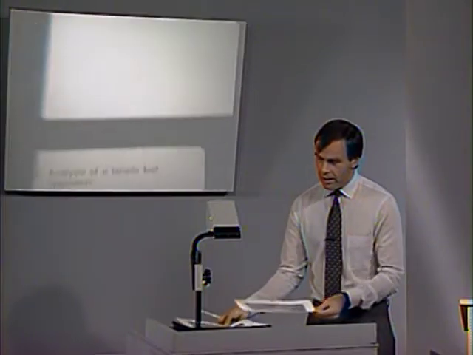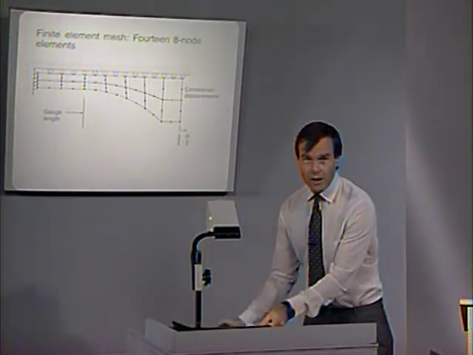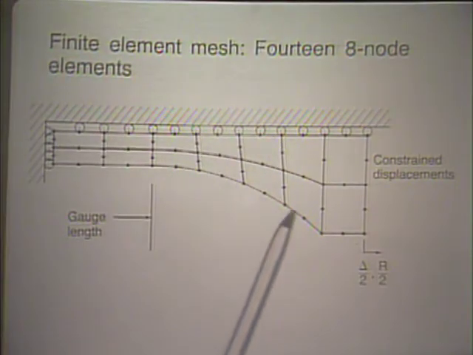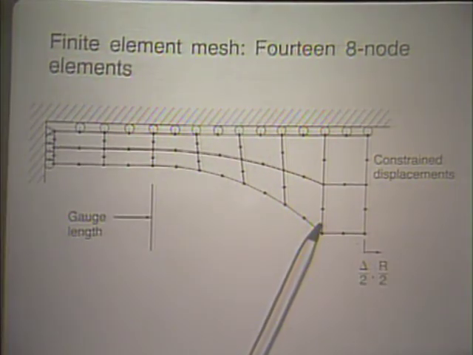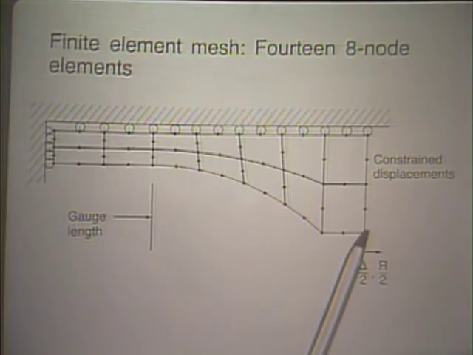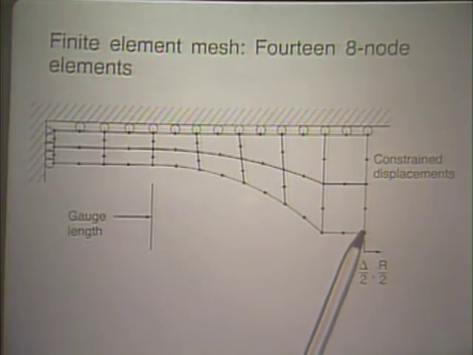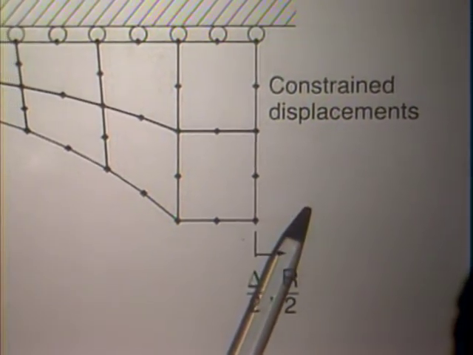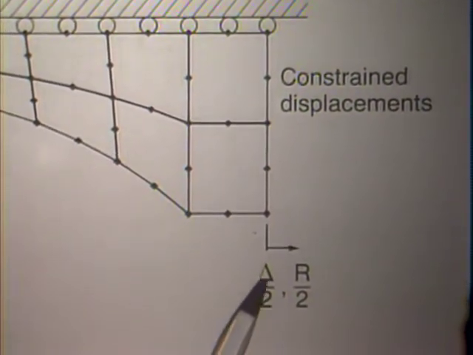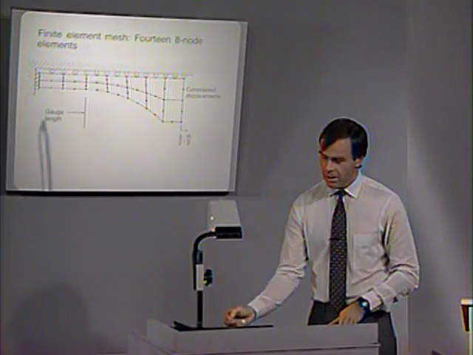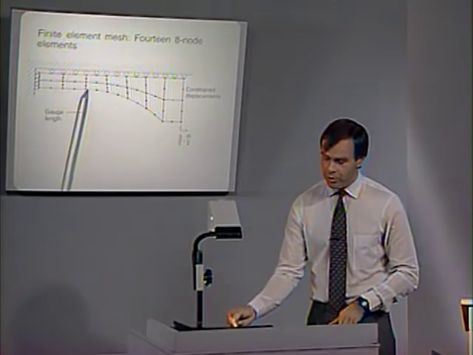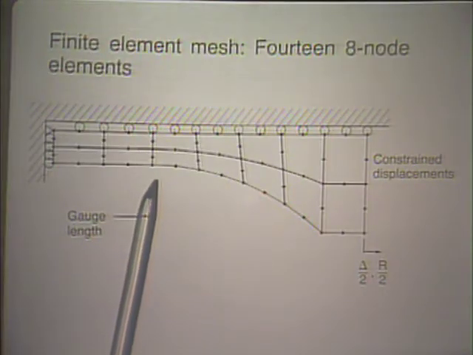And in the analysis, we used 14 8-node elements to represent this quarter of the specimen. Notice that on the right-hand side, we constrain all material particles to move together and only move to the right, as shown by delta here. This represents 1/2 the gauge length of the specimen, and one is particularly interested in seeing the deformations in that gauge length.